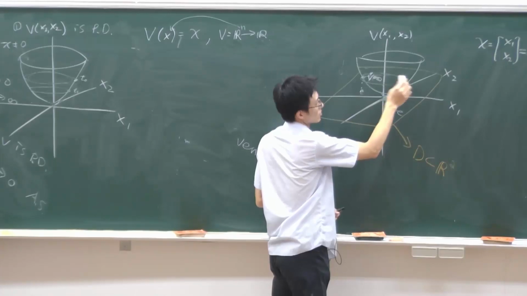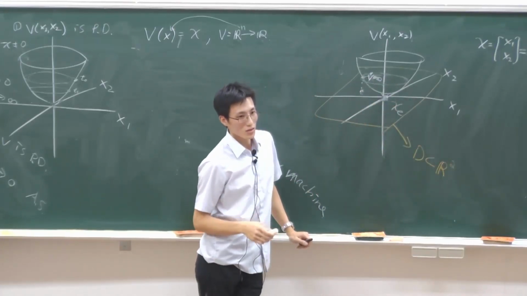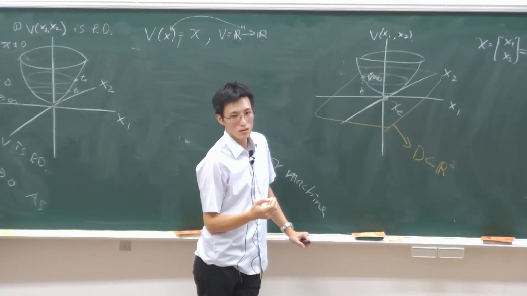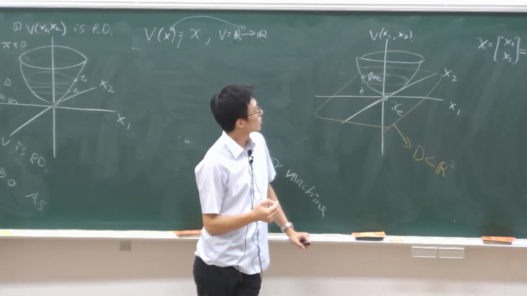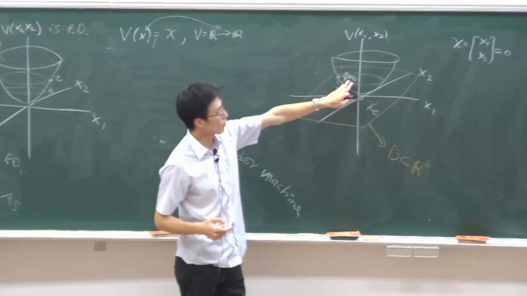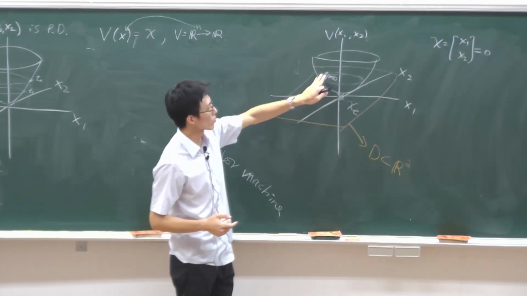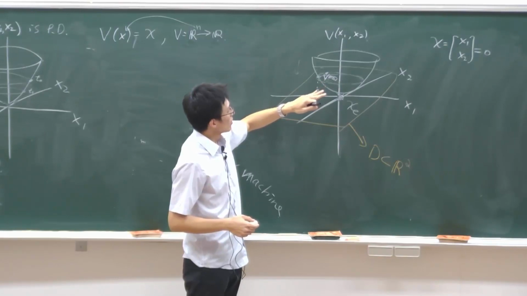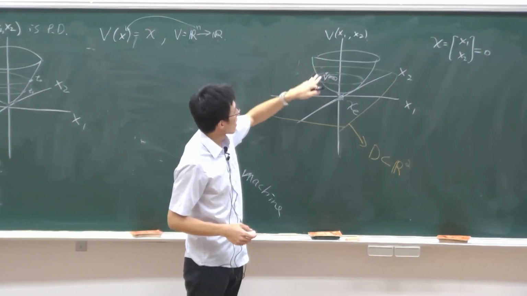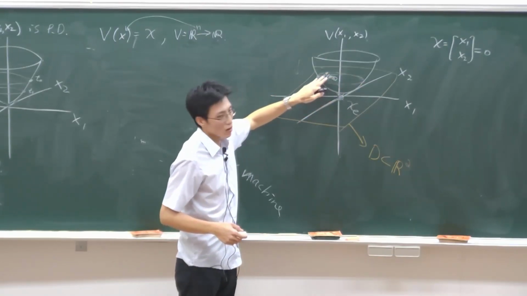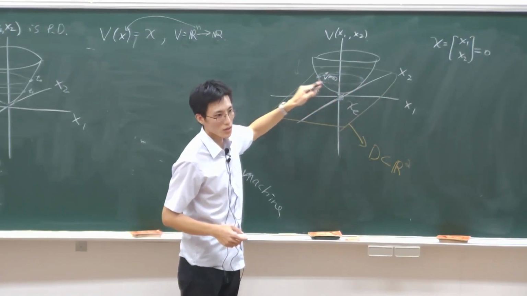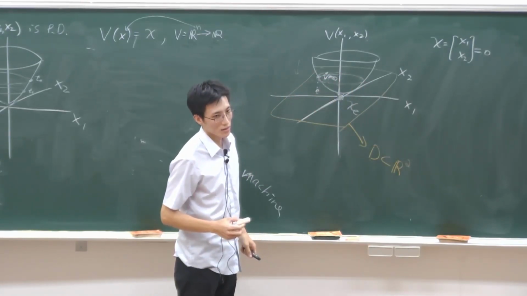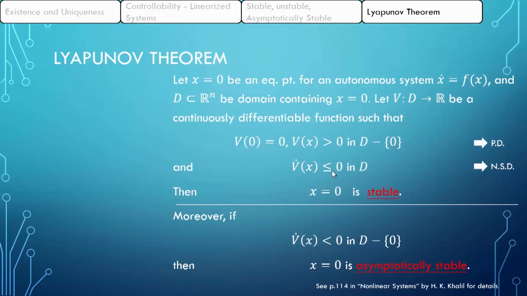V constant means V is some value, so x is in the level set. 没有问题。那这时候 V 就不变了啊，V 不变表示说这时候我的 X 我用 V 去反推 X 嘛，这时候所有的 X 都满足这个 V value，那也就是所有的 X 都待在这个 orbit，它不会再往 origin 跑了，对不对？So it's called stable.